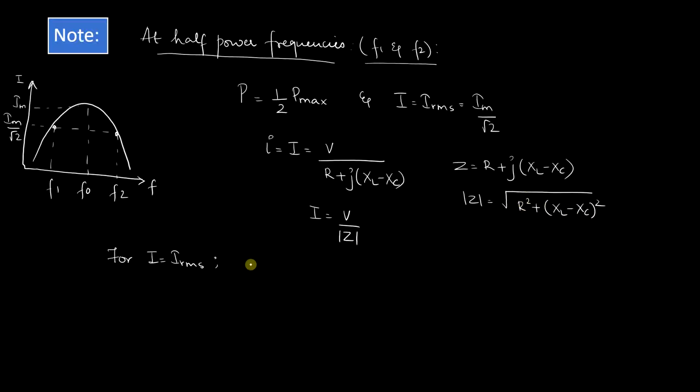Only then can you obtain the current I equal to its RMS value. So let's see what happens if the resistance is equal to the total reactance, that is XL minus XC, in the equation star.